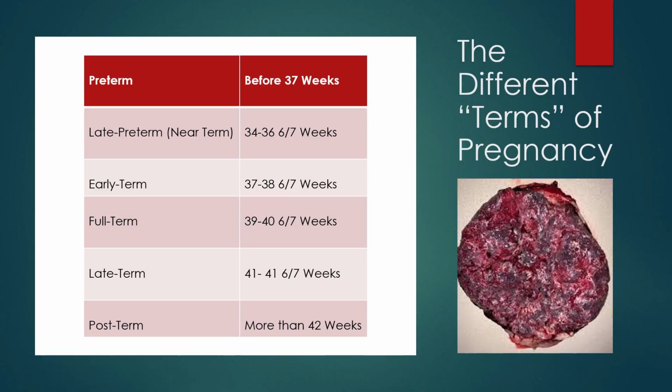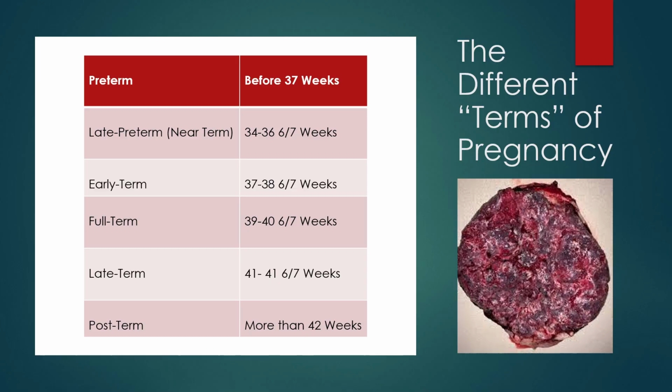Because having a baby that is post-term can be just as high risk as having a baby that's preterm. Post-term newborns only account for 5.5% of births, but these babies are extremely high risk for stillbirth. So why is that the case? It's because the placenta is actually a temporary organ.